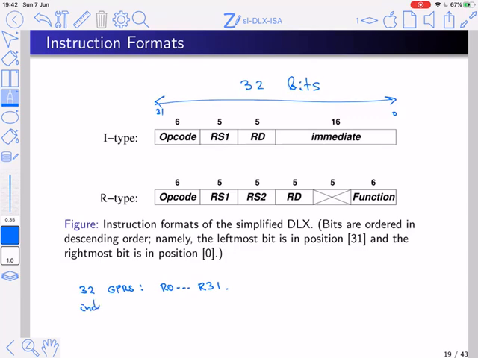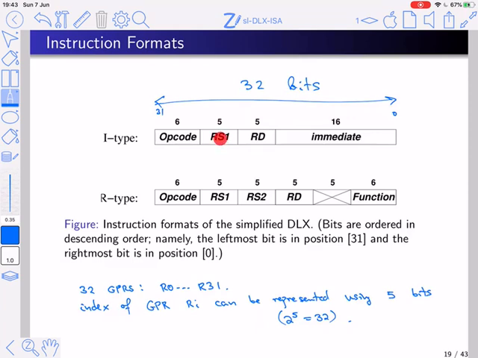So an index of a GPR, Ri, can be represented using 5 bits, right? Because 2 to the power of 5 is 32. So these 5 bits are an index, Ri. There is the index i of a GPR, which is either R0, R1, R2, up to R31. This is this field. This will be an argument.